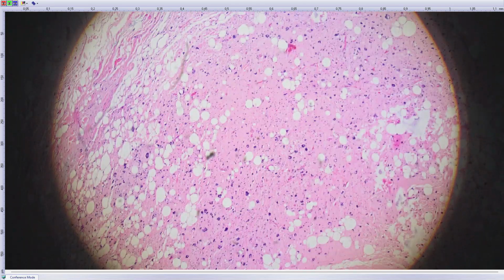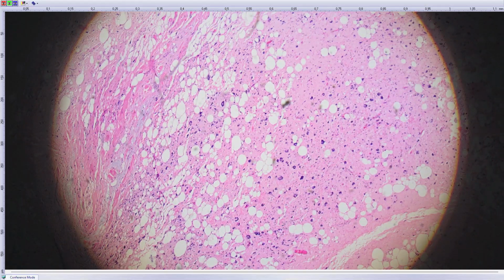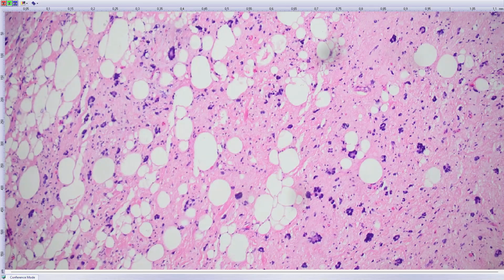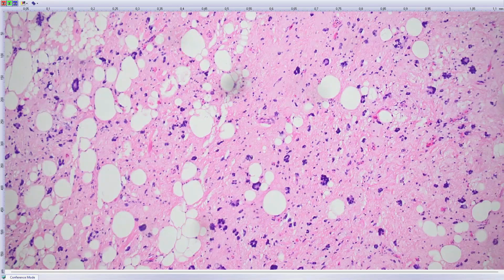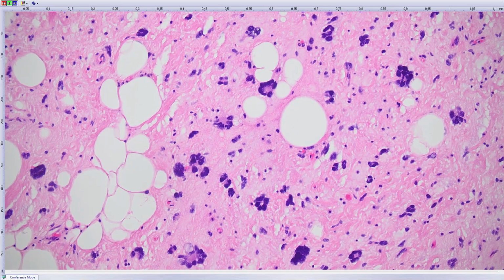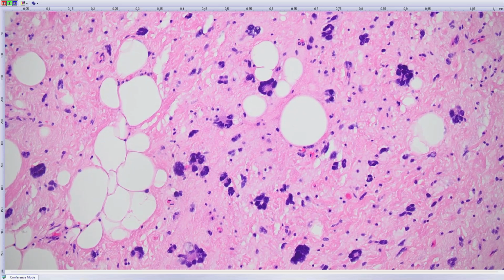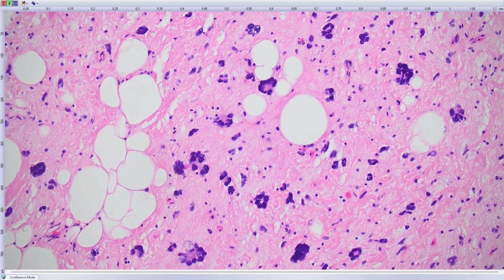And already in this very low magnification, you can tell that it's probably a lipomatous tumor, and shows these funny looking, we call them florid cells, which have very hyperchromatic, ugly looking nuclei, but there is no mitotic activity there.